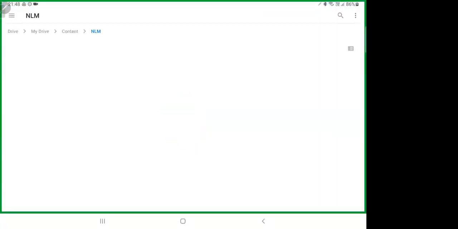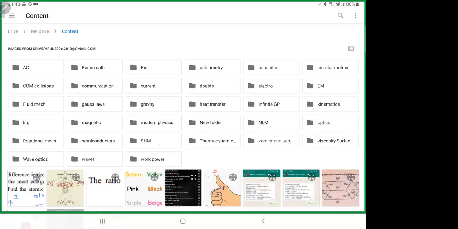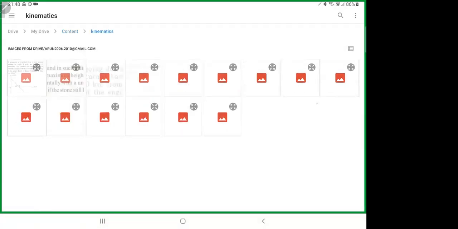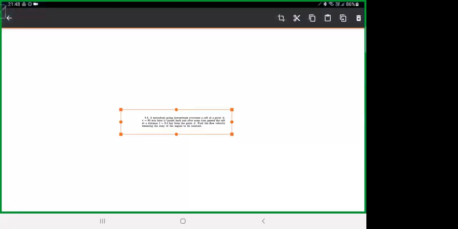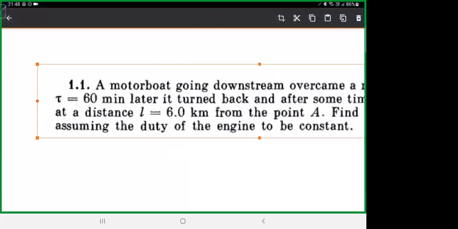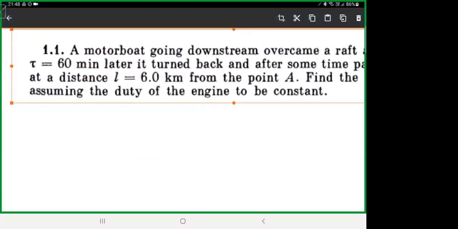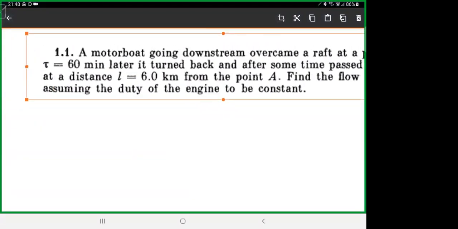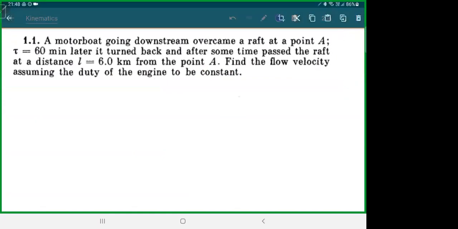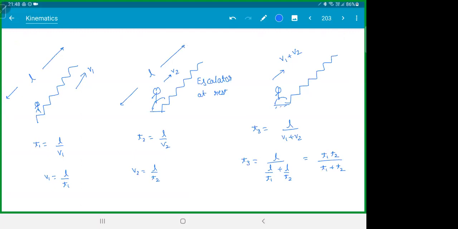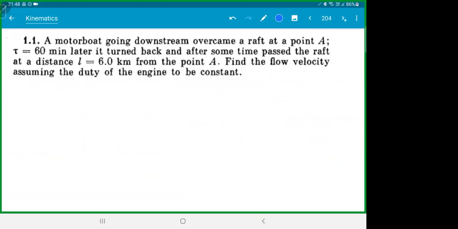Let's do this one. This is an Erudoka first question. Let's get this.